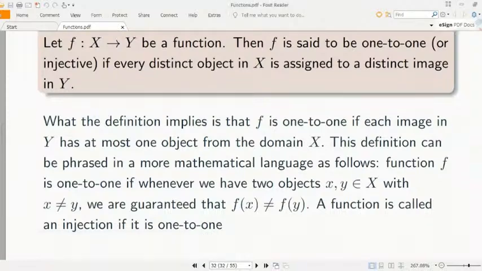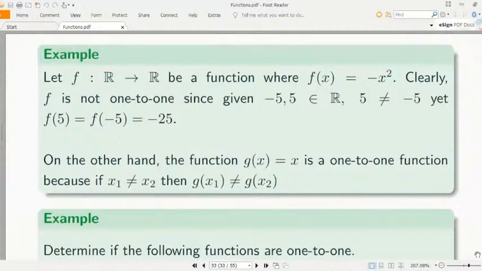Now let's look at examples of injective functions or one-to-one functions. Let f, assigning the real numbers to the real numbers, be a function where f(x) = -x². That means the image of x is -x². Then the question is: is this a one-to-one function?